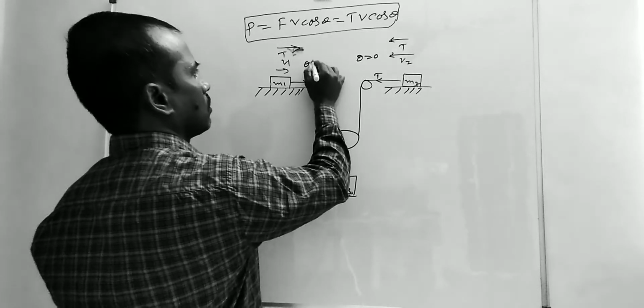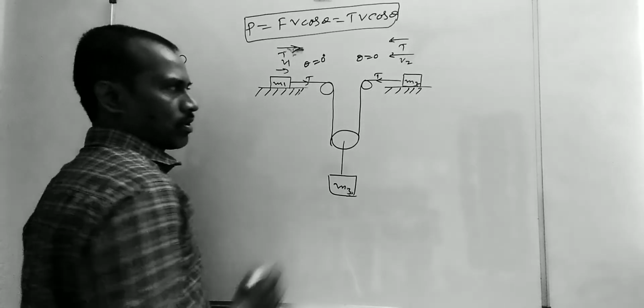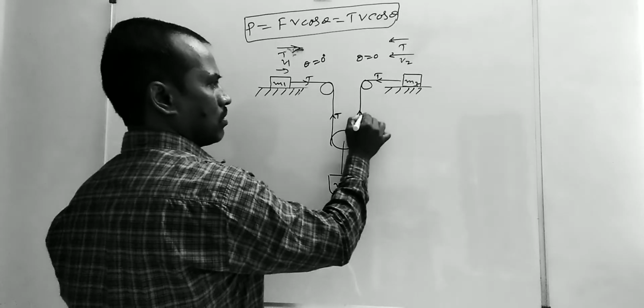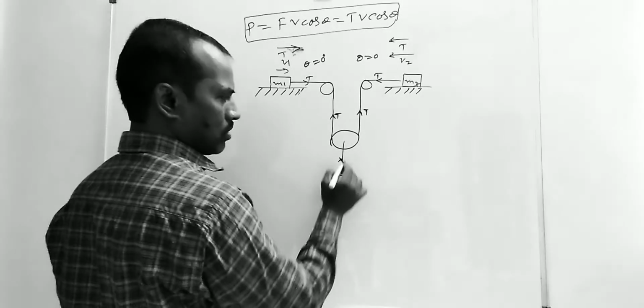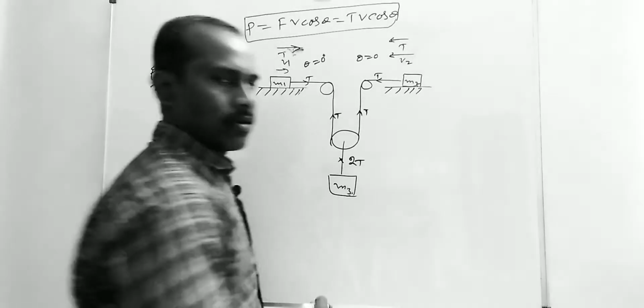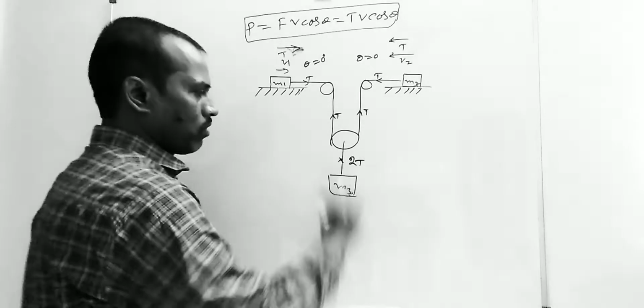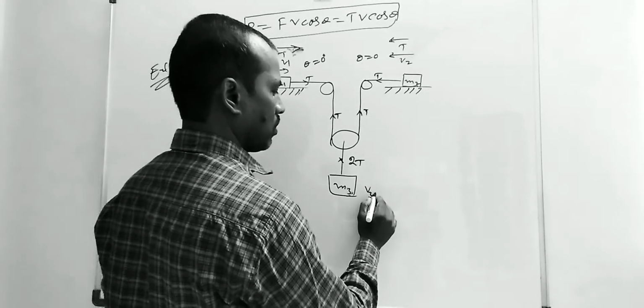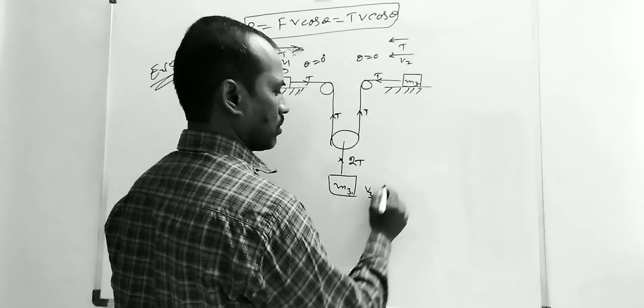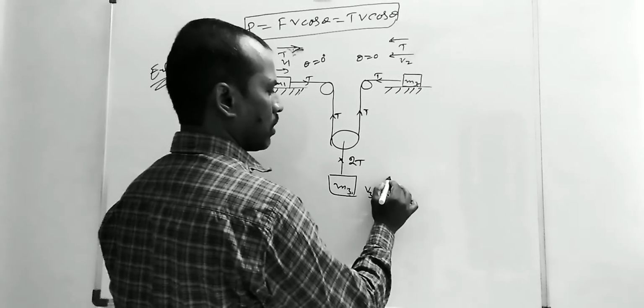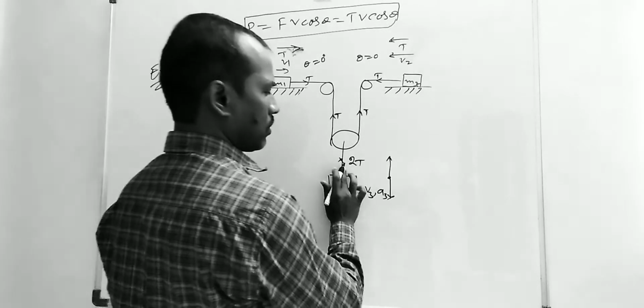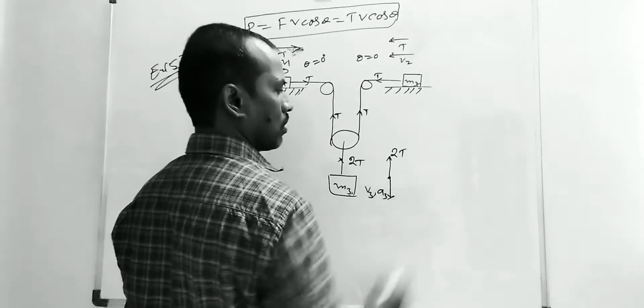So here the tension on M3 is 2T. This block moves downward with velocity v3 and acceleration a3, and the tension force is in the upward direction.